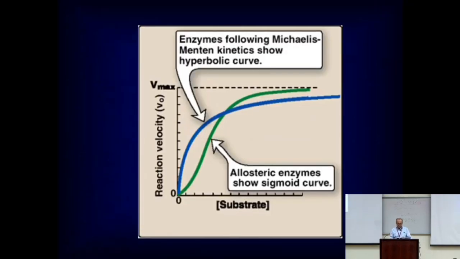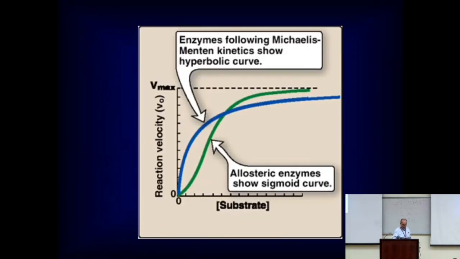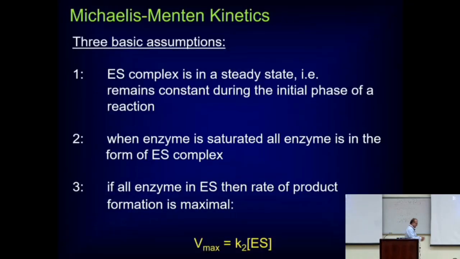So, besides the Michaelis-Menten treatment of enzymes, there's another group of enzymes that do not follow Michaelis-Menten kinetics. These are going to be called allosteric enzymes.